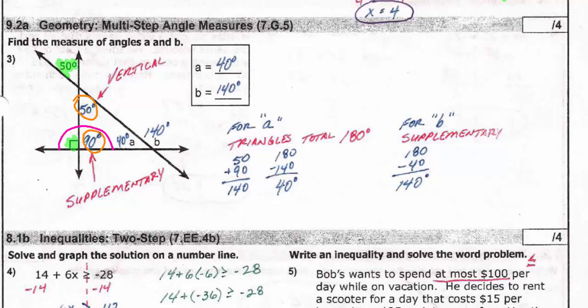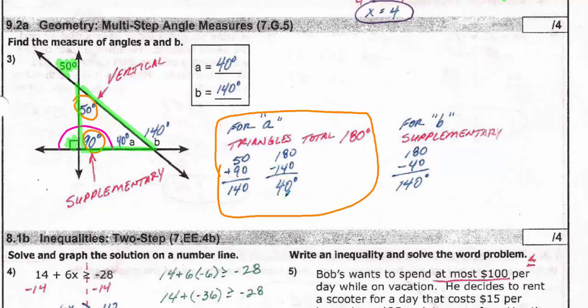And as soon as we have the 2 of those, we go right over to this idea. 50 and 90 make 140. 180 take away the 140. And you might say, wait a second, where did you get that 180? Well, the place I got that 180 is right here. Triangles total 180 degrees.